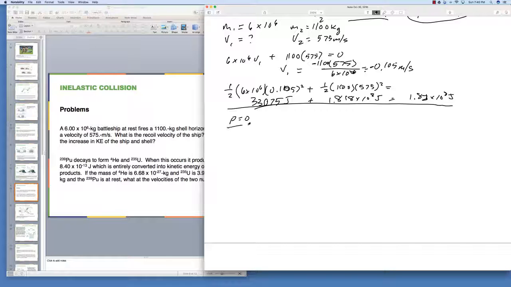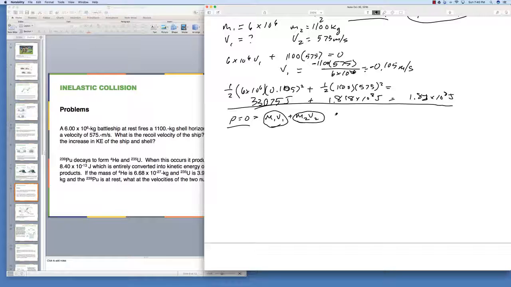Okay, so the initial momentum is 0, and so whatever you get afterwards, m1 v1 plus m2 v2 after, also has to equal 0. So the momentum of the helium nucleus moving in one direction has to be the same and in the opposite direction as the momentum of the uranium nucleus.